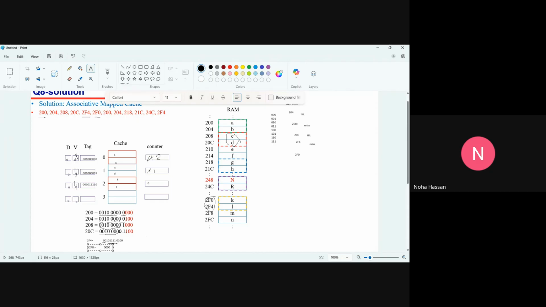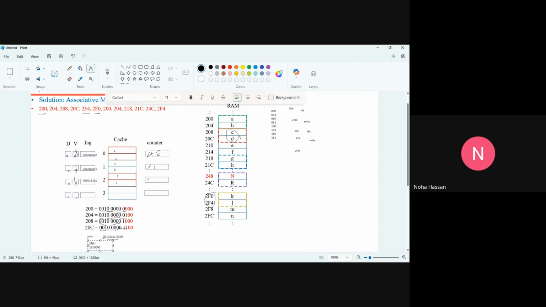Okay, and I have the F, 1, 2, 4, and then after that I have the 2, 0, 1, 0, 0.